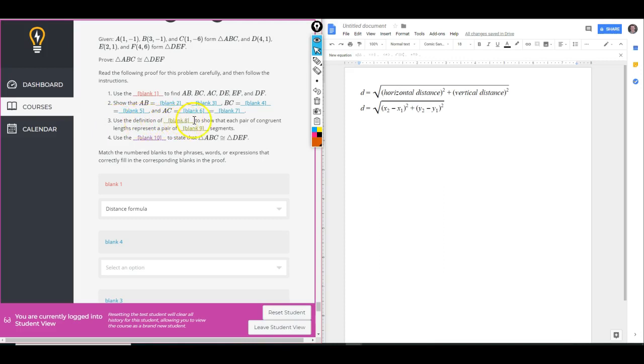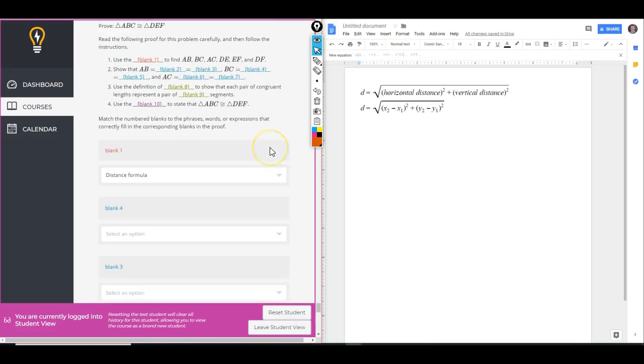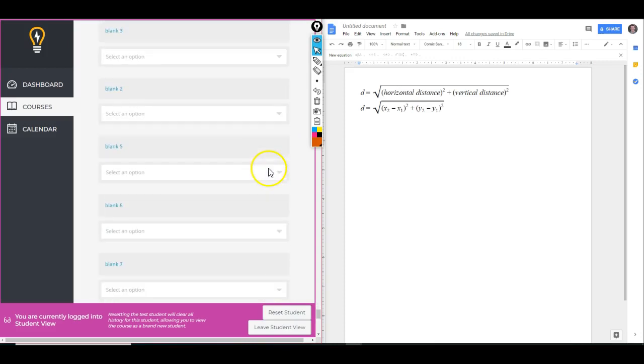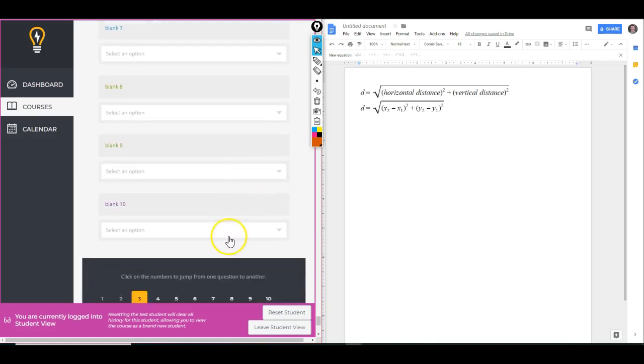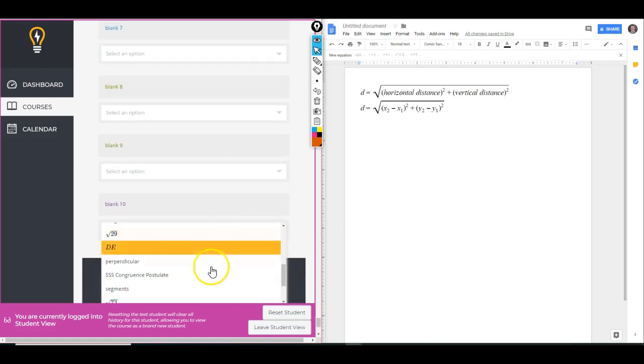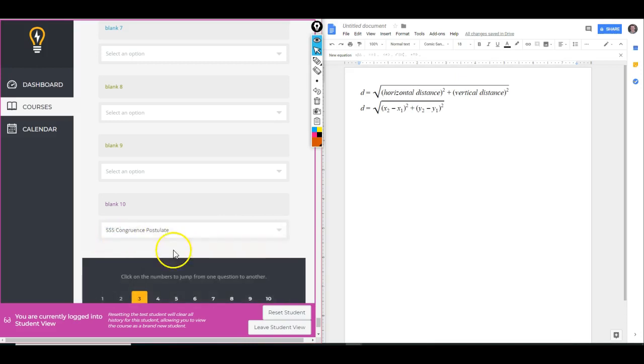Use the definition of blank to show that each pair of congruent lengths represents a pair of blank segments. Use the blank to state that triangle ABC is congruent to triangle DEF. So since it's going off of all of the side lengths, that is for blank 10: all of the side lengths means that they're going to be using the side-side-side congruence postulate.